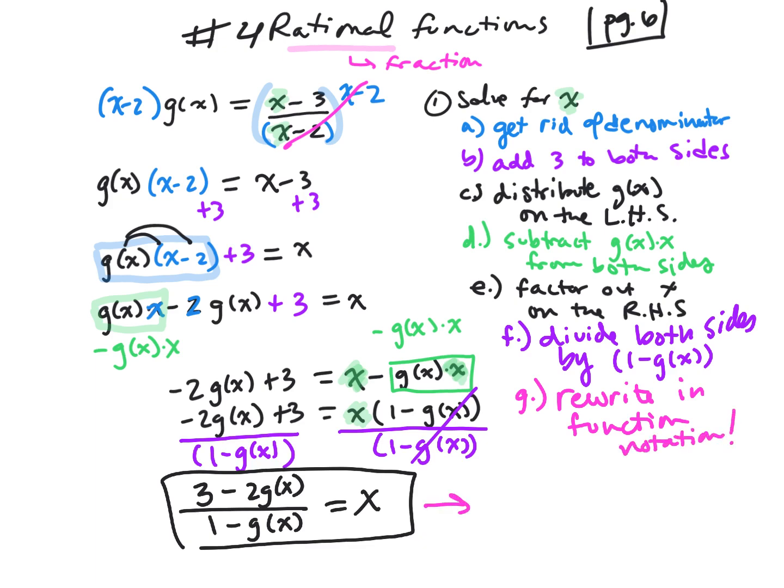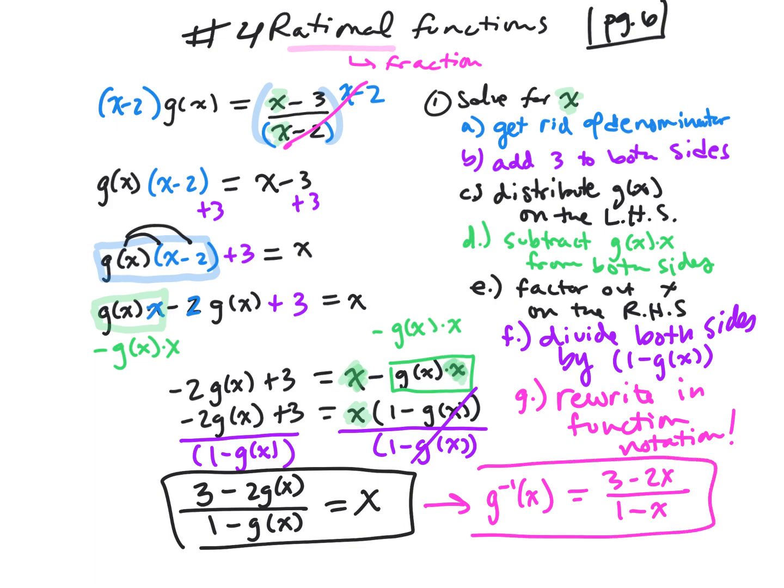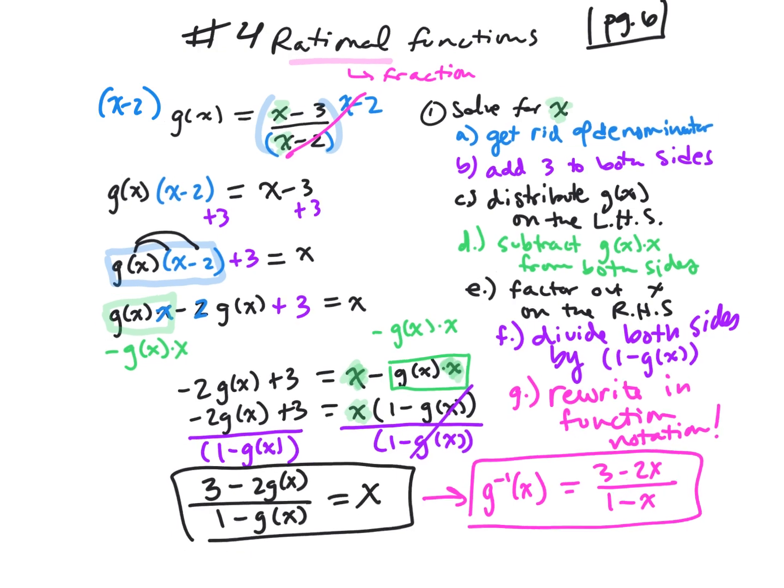So I'm going to say, okay, I have g inverse of x equal to 3 minus 2x divided by 1 minus x. That's why we didn't do it in class, because it's brutal and we don't need to do it right now and everything is fine.